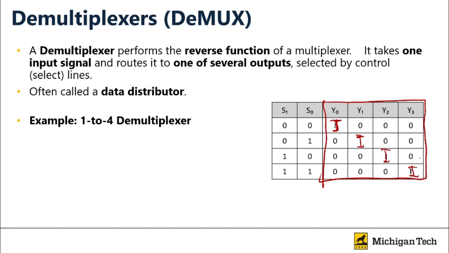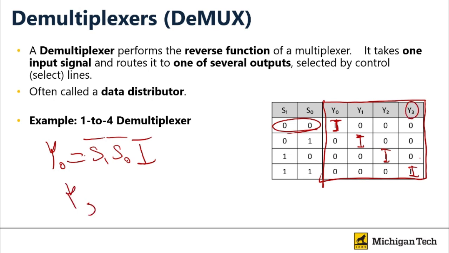So it means Y0 is S1 bar, S0 bar, I. What about Y3? Y3 is this one. Y3 is S1 bar.